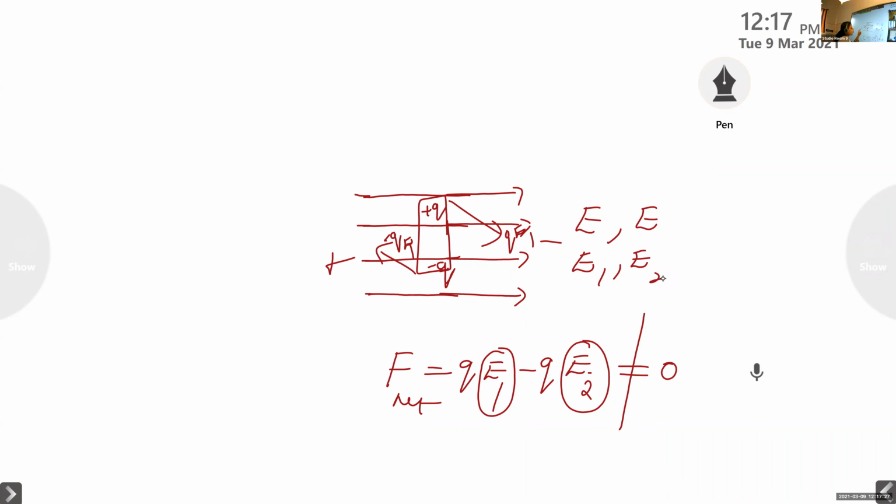So the net force acting on the dipole is not equal to 0 if the dipole is present in a non-uniform electric field. Clear? If the net force acting on the dipole is not equal to 0, then we can say the torque is also not equal to 0 because the field is not uniform. Clear?